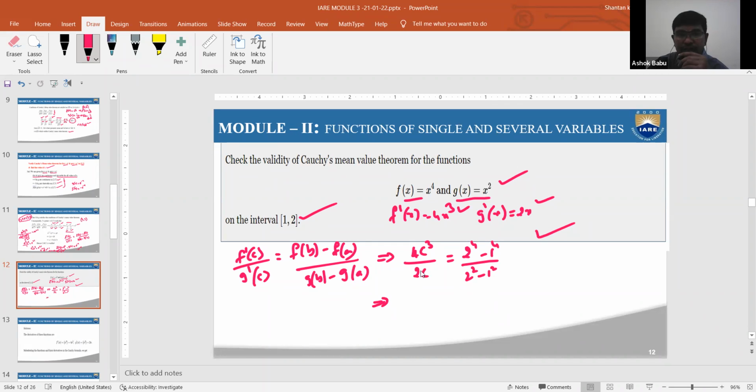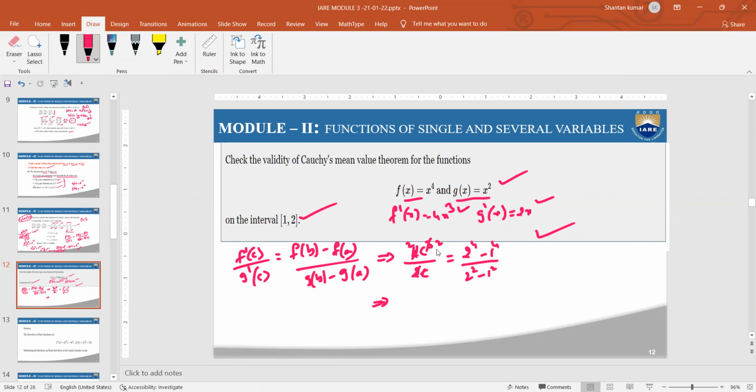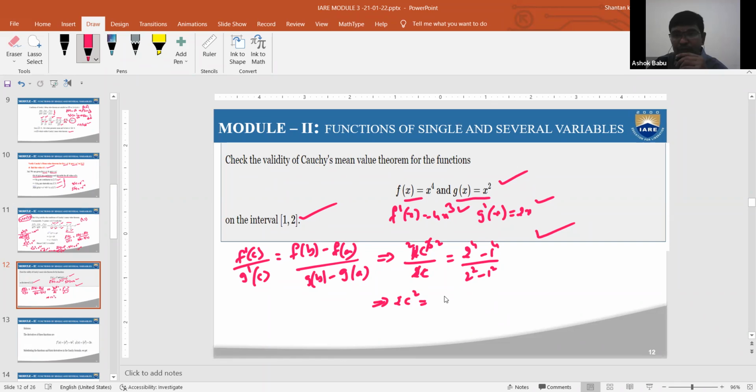Now you need to simplify. The numerator: 2c square is equal to 2 power 4. What is 2 power 4?